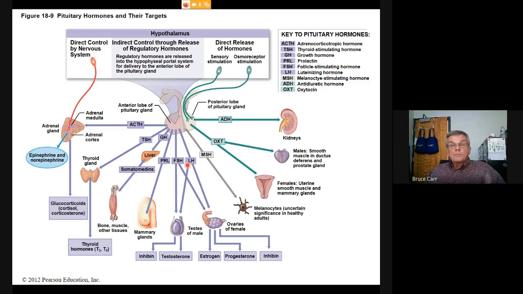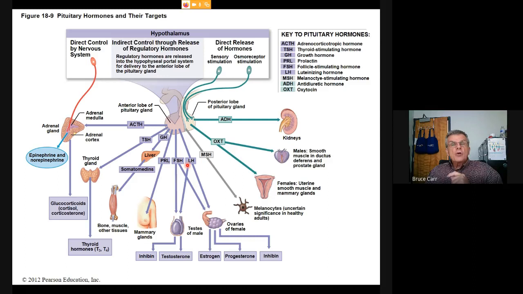So in the males, making huge numbers of active sperm throughout their reproductive life. In the female, activating and regulating that unique cyclical maturation. Every 28 days, you're going to mature and release typically 1 egg.